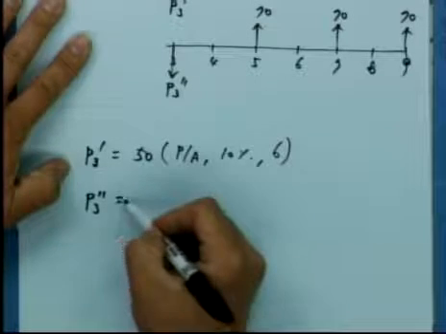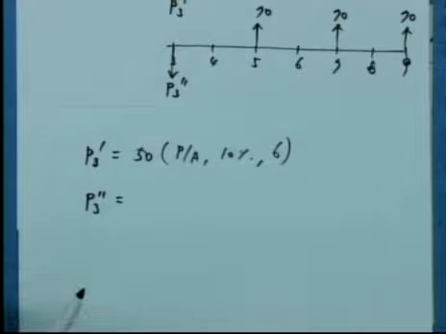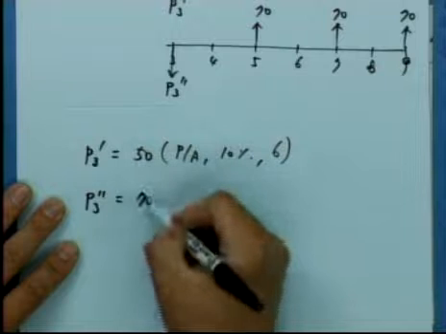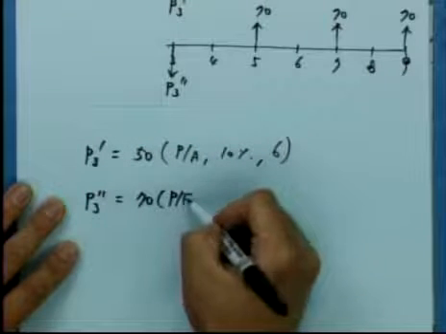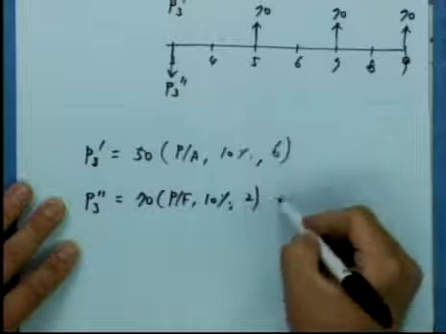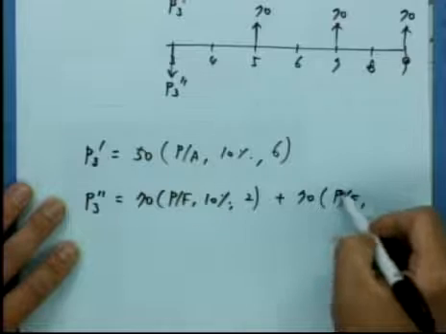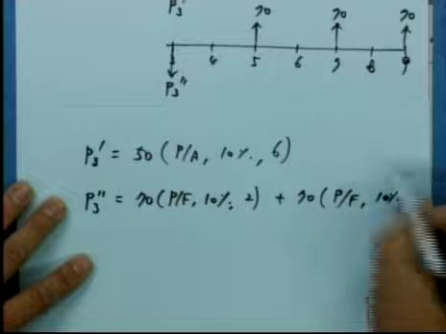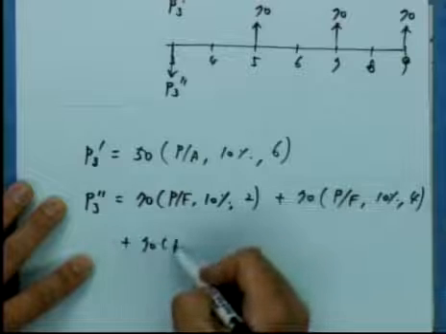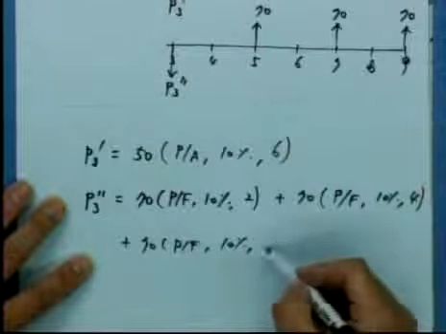P3 double prime is the series of 3 single payments of $70. So 70 times P given F, 10% over 2 periods, plus 70 times P given F, 10% over 4 periods, plus 70 times P given F, 10% over 6 periods.